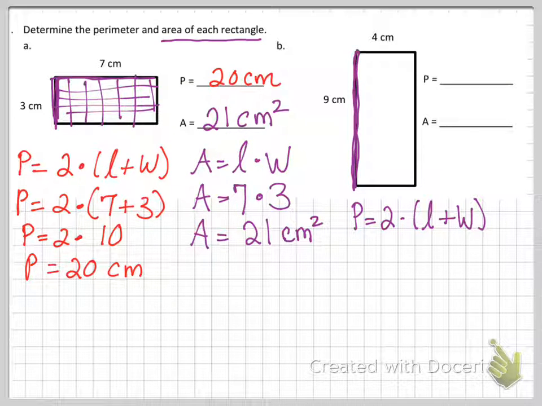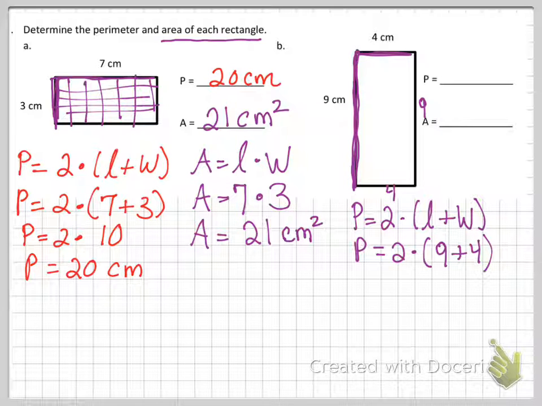And the length over here is 9 and the width over here is 4. So we're going to have 2 sets of that. That's why we have 2 times, because we have 2 9s and 2 4s. So P equals 2 times the length. The length is a 9, and the width is a 4.